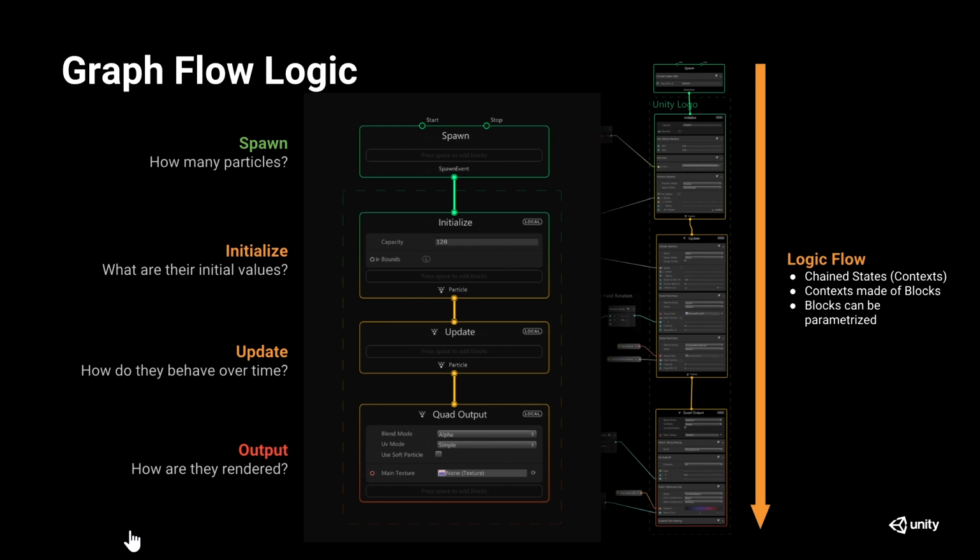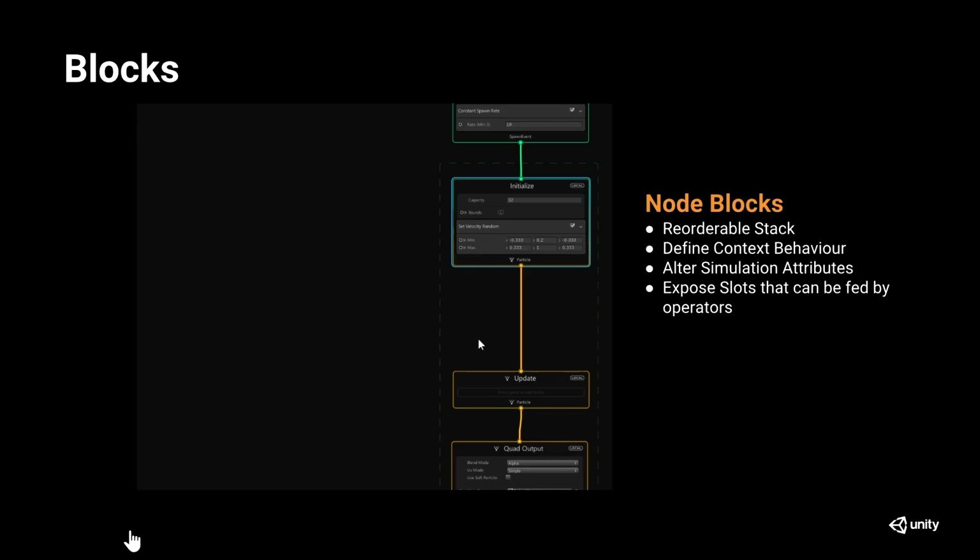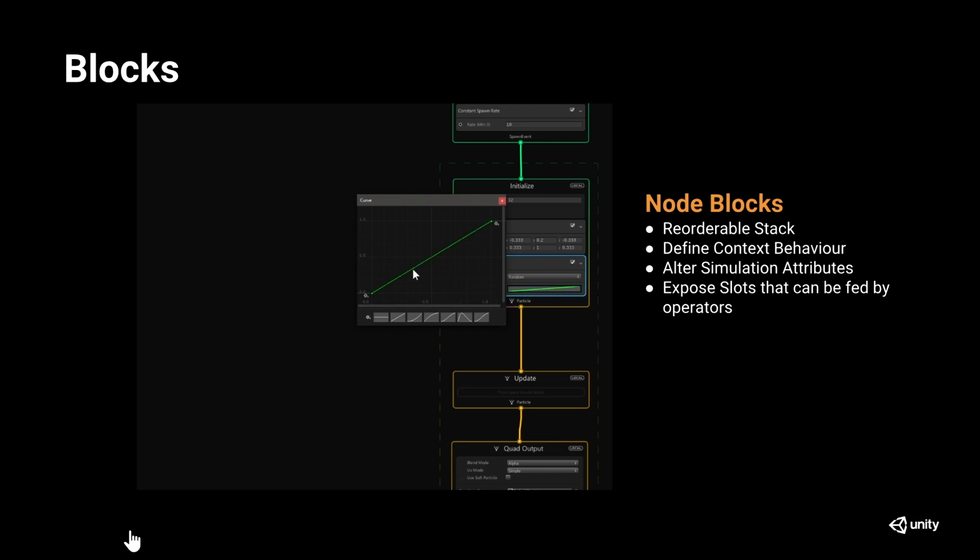What's interesting is we decouple the update from the output, so we can simulate once and render multiple times with multiple shapes. And every context can be fed with what we call node blocks. It's basically a building block of one feature at a time.